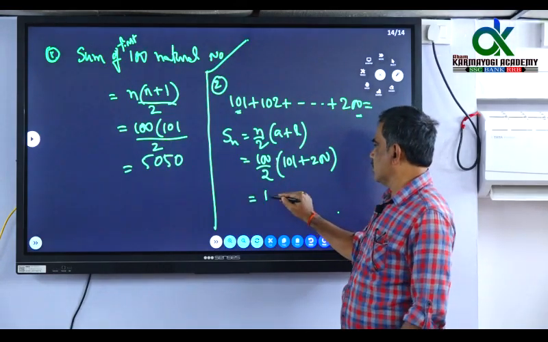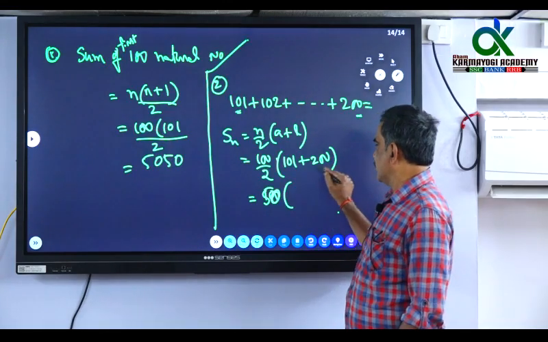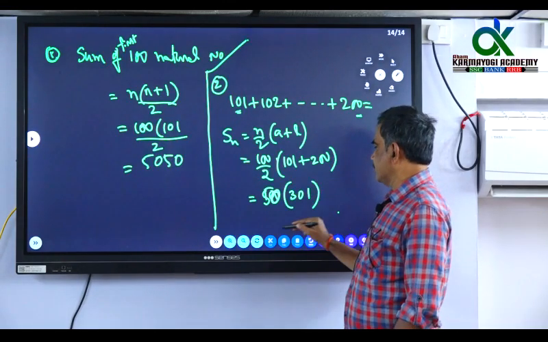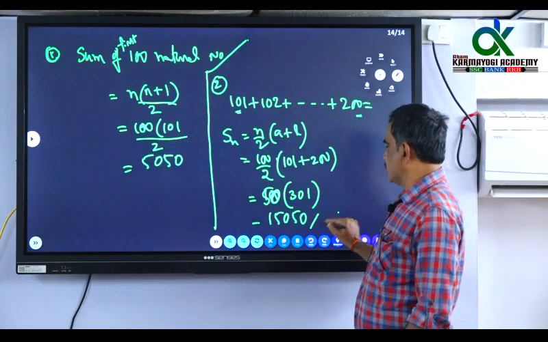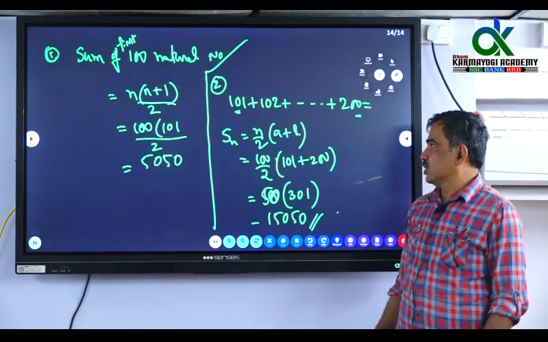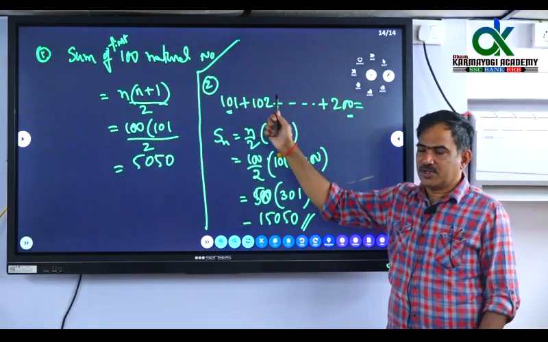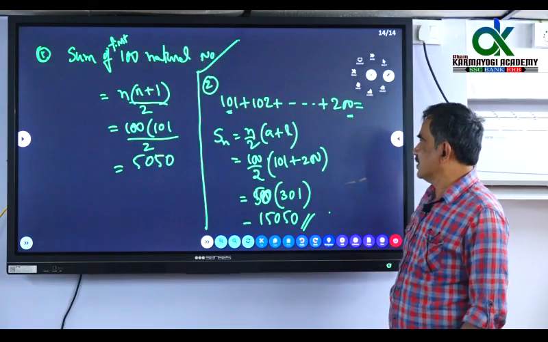So this is nothing but 100 by 2, or 50 into 301. So what do we get here? 15050 is the answer for this question. Because they are in arithmetic progression, the common difference is 1. So the formula is n by 2 into a plus l.